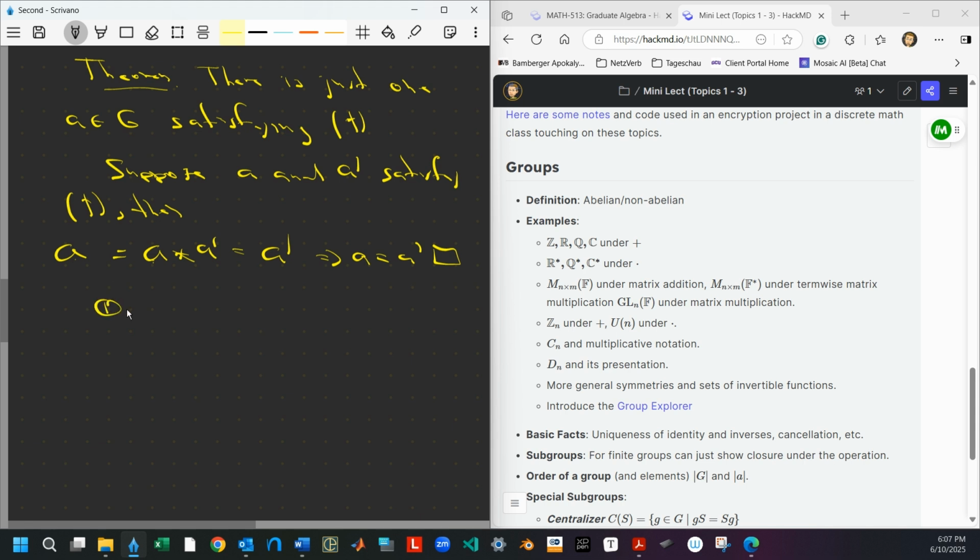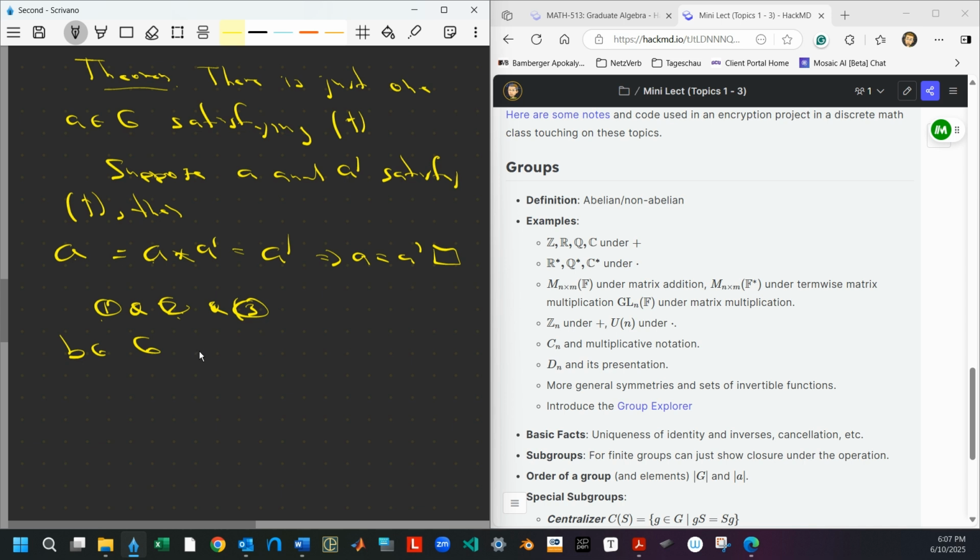So once we have 1 and 2, so we have associativity and identity, and we have, say, B in G, we also have 3. That's the one that says we have inverses.